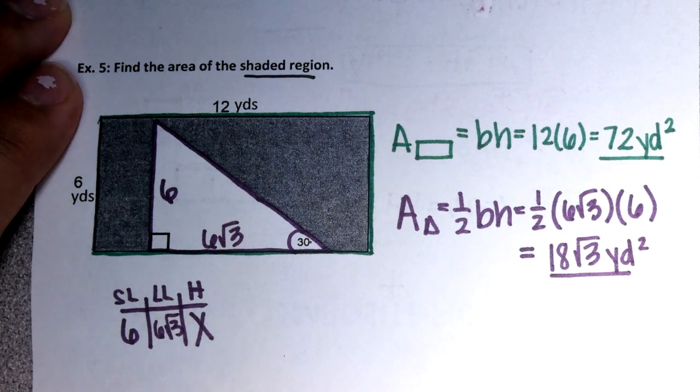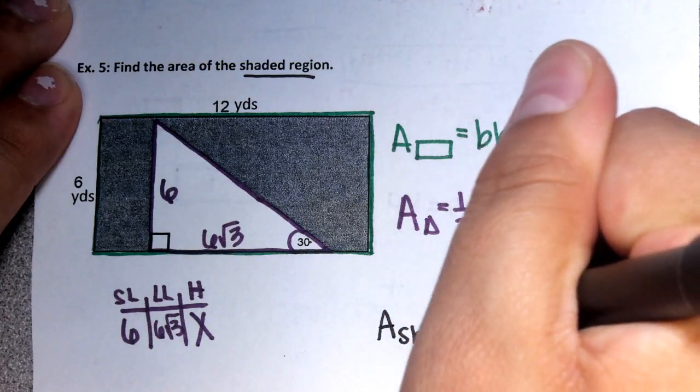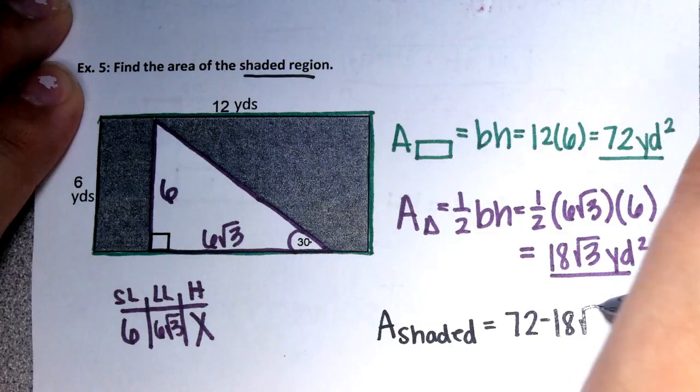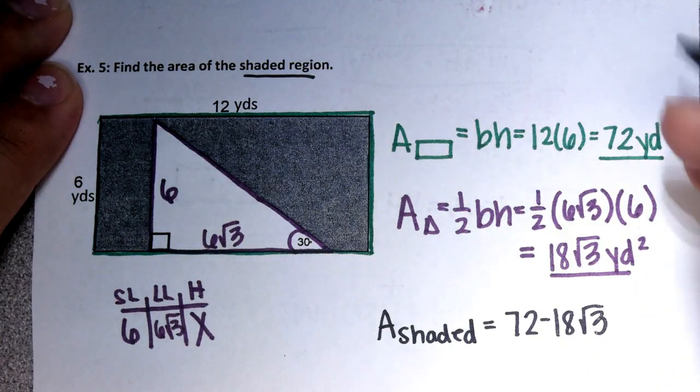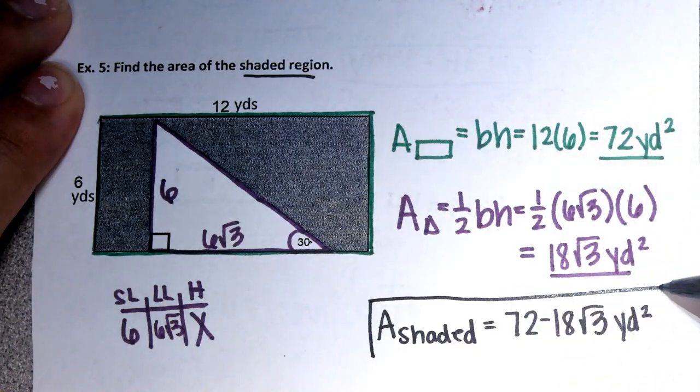Do I have any questions how I got any part of that? How do I find the area of the shaded? And when I subtract the whole minus the white, I cannot do anything else.